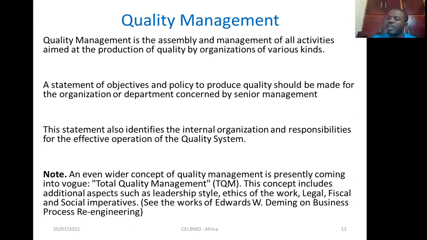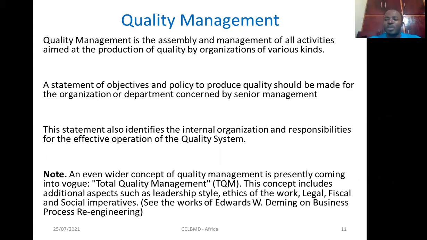Besides ensuring that products and services are produced that meet customer expectations, total quality management addresses aspects beyond what the customer sees in the product or services that they consume. This includes the style of leadership within the organization.